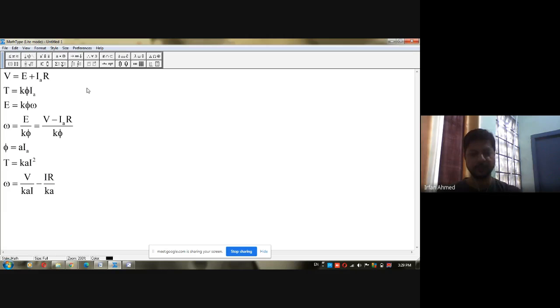Phi is again K multiplied by I. Okay. So I and I will get cancelled. Correct? And we are left with V upon KaI minus R upon Ka. Or this I can be written as under root of torque divided by under root of Ka. Correct?